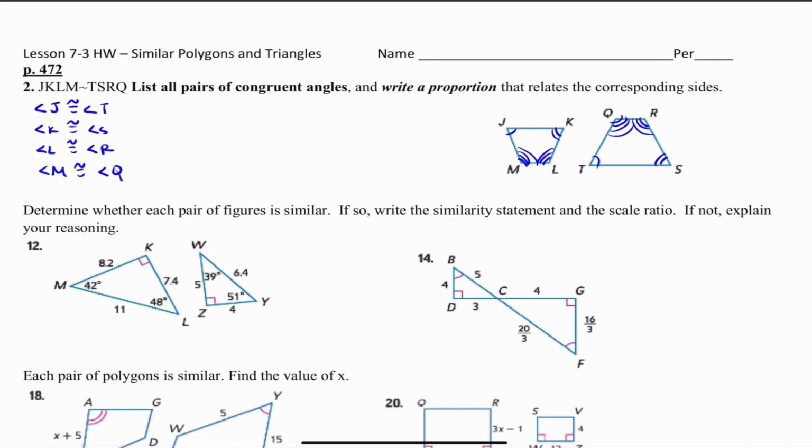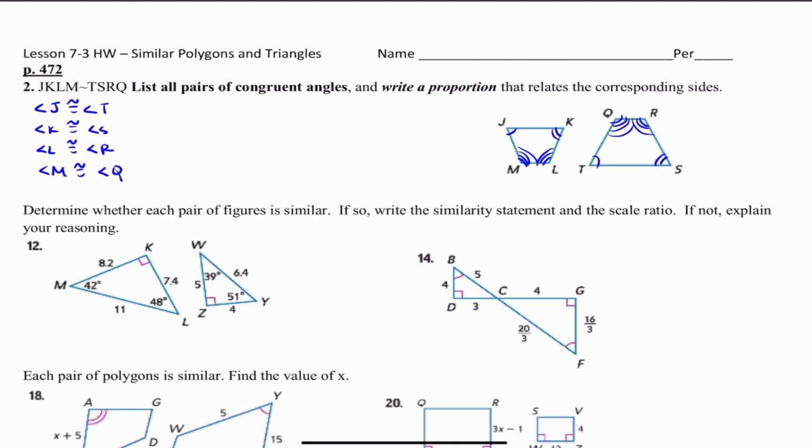When we're writing the proportion of similar figures, we write them as ratios, so ratios equal ratios, and perhaps equal another ratio and another ratio. Let me demonstrate what I mean.